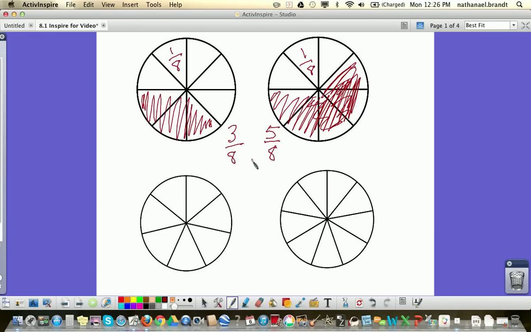They're the same. 5 is bigger than 3, so 5/8 is bigger than 3/8. When the denominators are the same, each piece of the fraction is the same size.